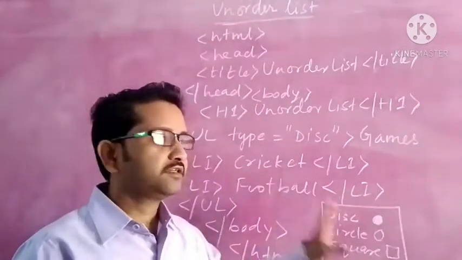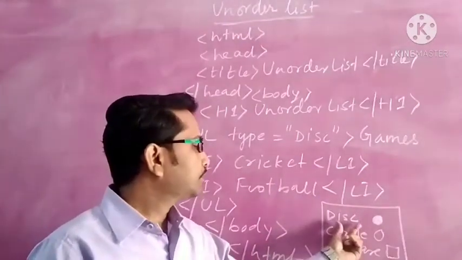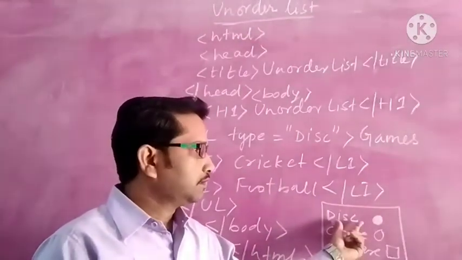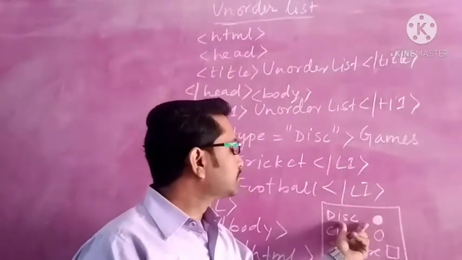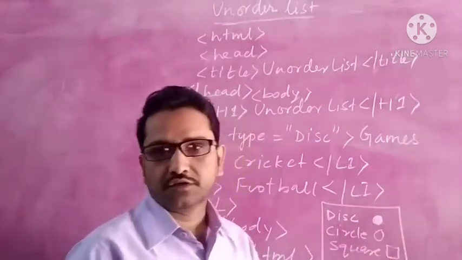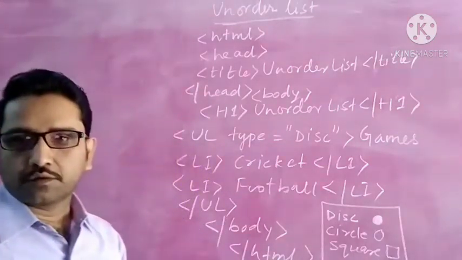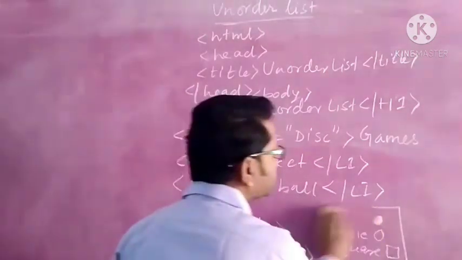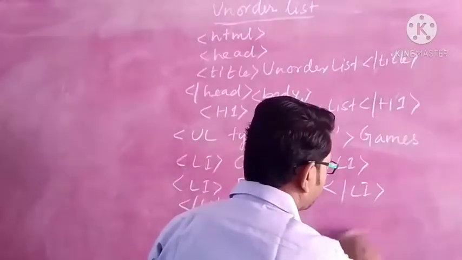Whatever list we create, it will appear in either disk, circle, or square. So these are the 3 ways we declare a list.